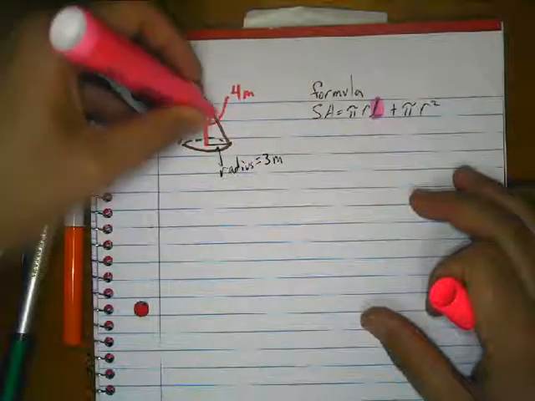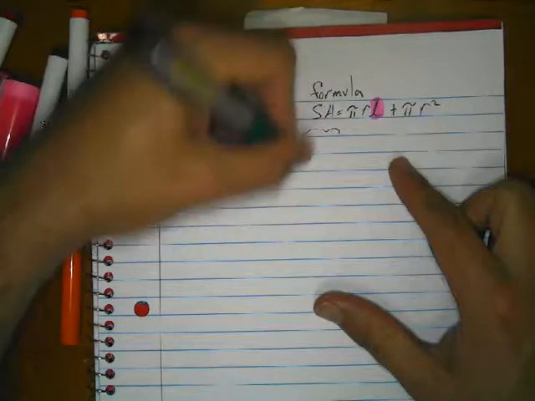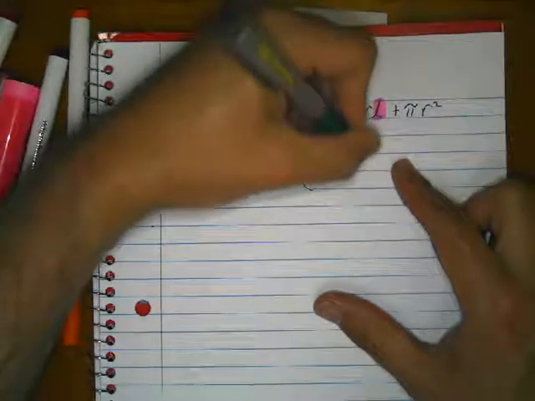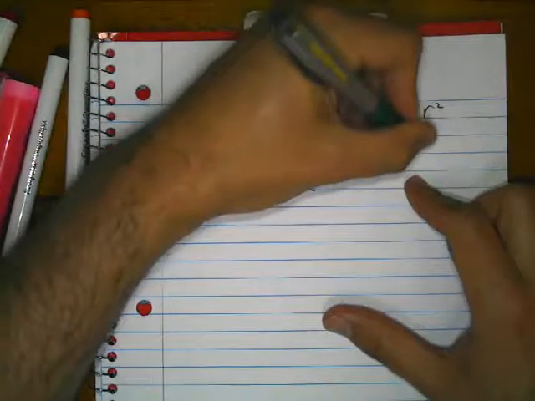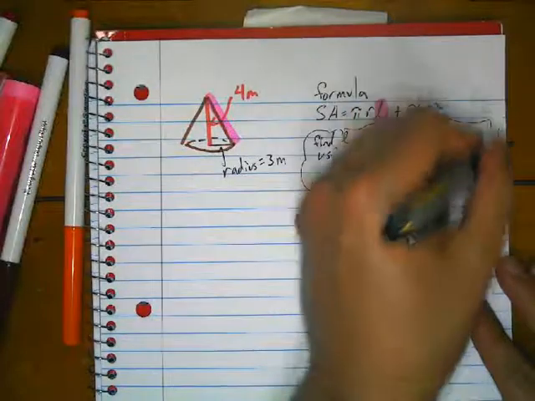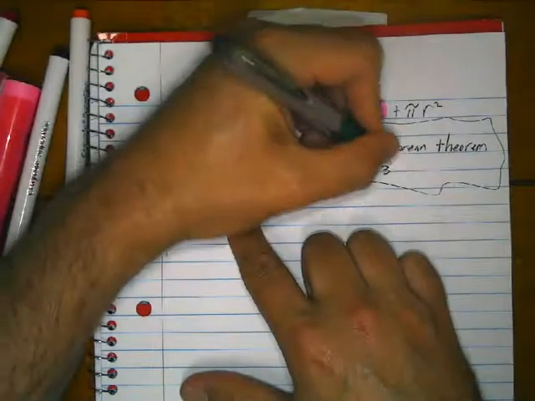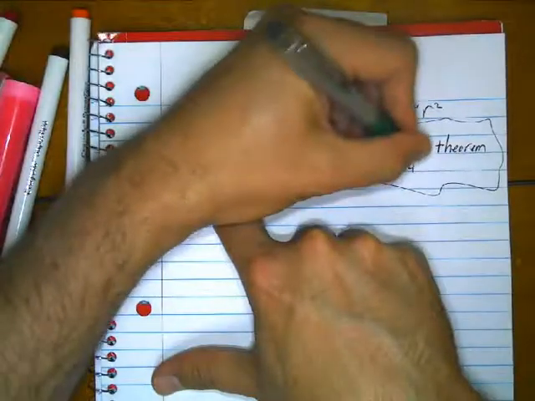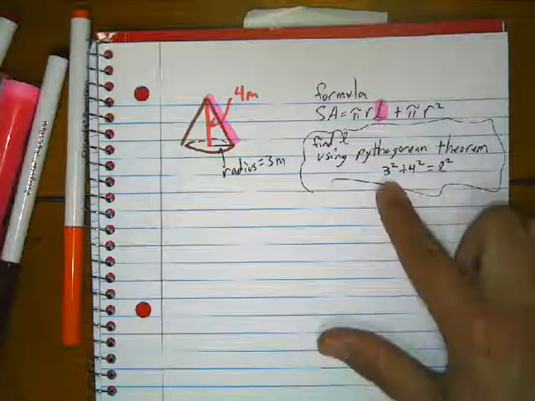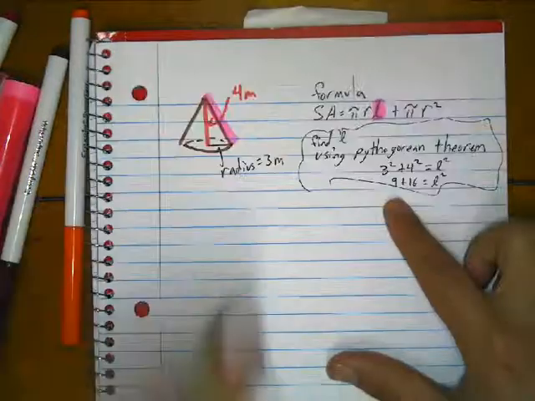Because that's this part right here, but we could figure it out using the Pythagorean theorem. 3 squared plus 4 squared is going to give me my hypotenuse squared, the slant L. So 3 squared is 9, and 4 squared is 16. 9 plus 16 is 25.